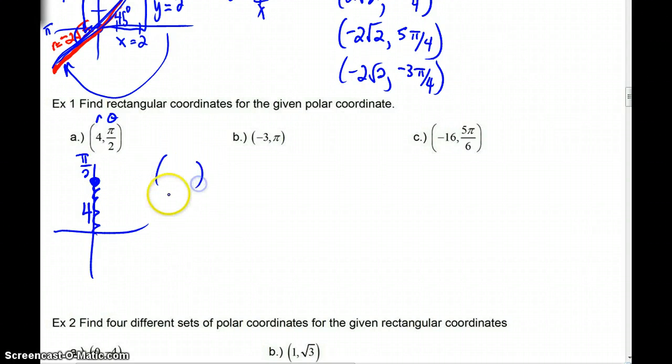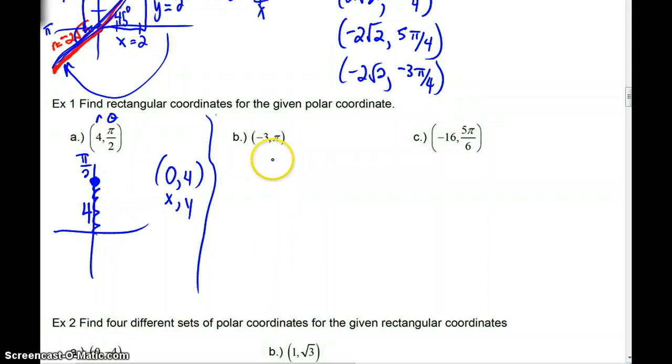How would we represent Cartesian or rectangular coordinates? Well, to get to this point that's 4 units above the pole at pi over 2 radians, you will move no units right or left, you'll just move 4 units up. And that would be your Cartesian coordinates, rectangular coordinates.